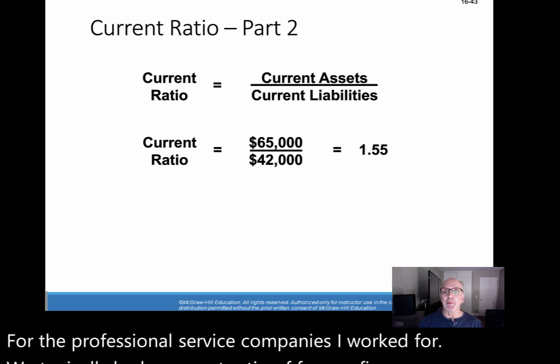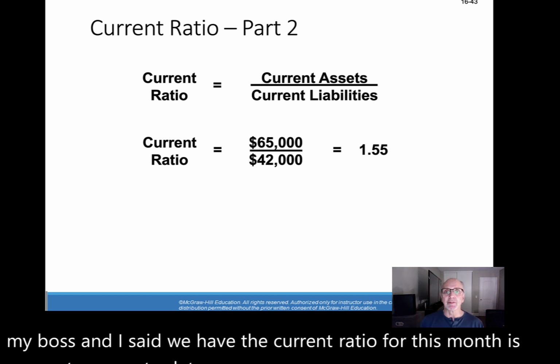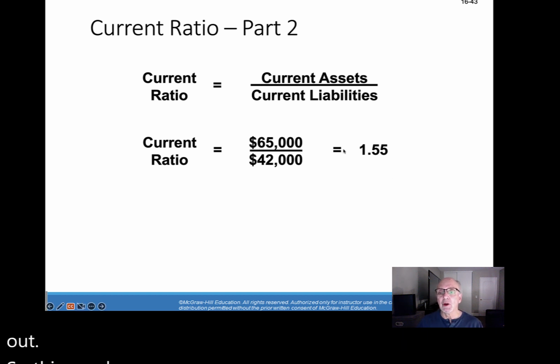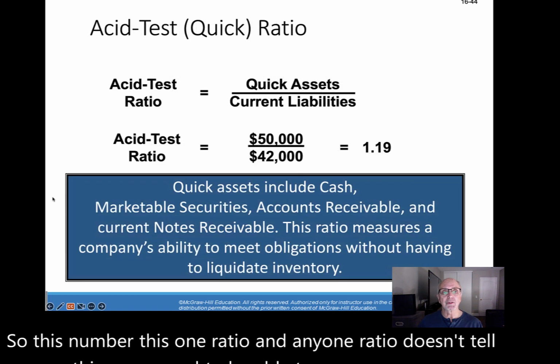So if I went to my boss and I said the current ratio for this month, or year to date, is 1.55, I would get reamed out. So this one ratio, and any one ratio, doesn't tell you anything. You need to be able to compare it to something else.